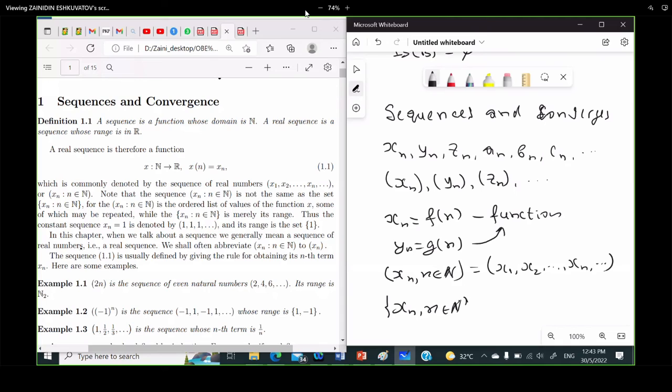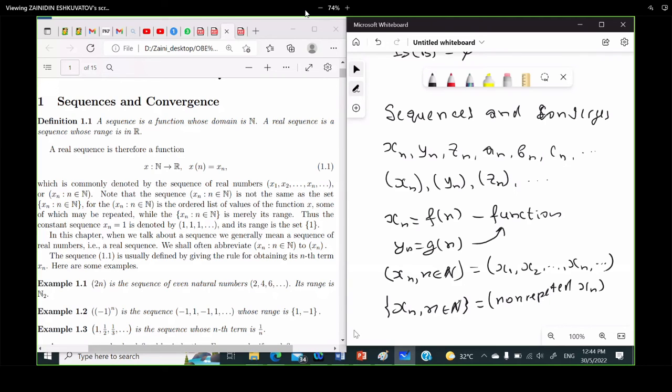Now with this one, xn with n from capital N, we list down non-repeated xn. Got it? The difference?